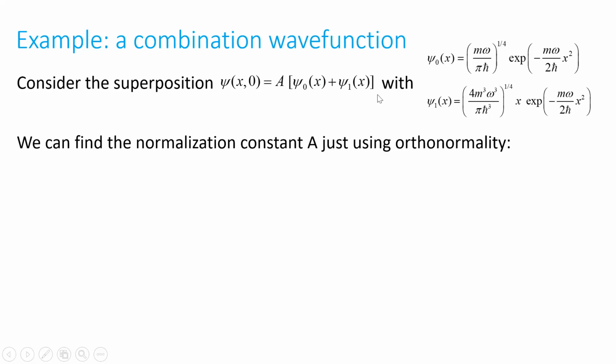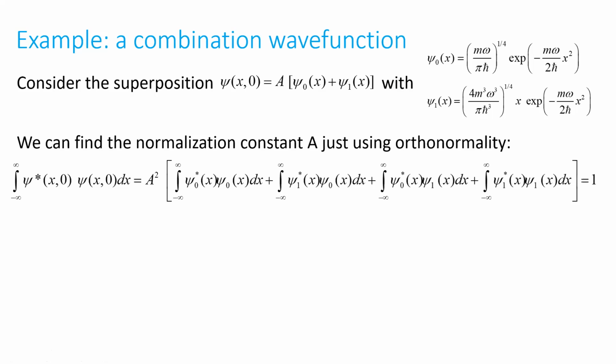It looks like we might have to do some integrals of these things, but we can get it just using orthonormality. That is, each wave function by itself is normalized, and if we take the integral of one wave function times the second wave function, we get 0, since they're orthonormal, or orthogonal.